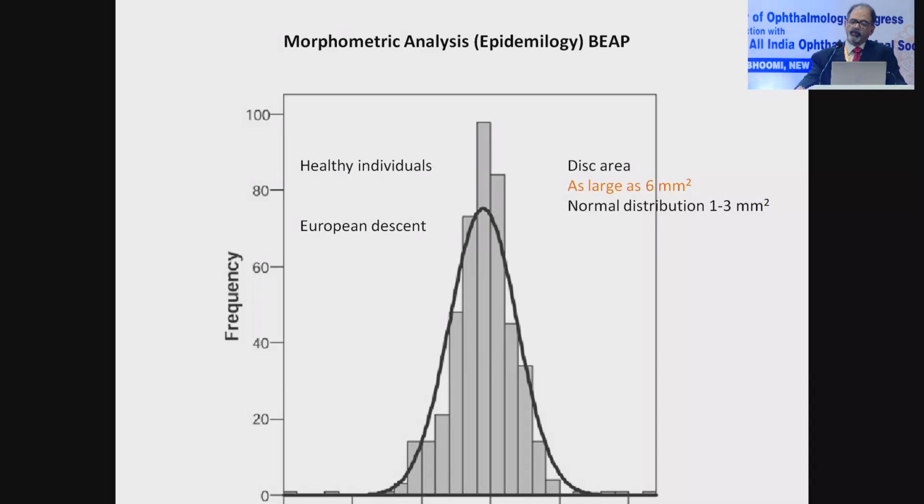And what they found was that the normal distribution of the disc size, and hence the area, was as varied as 1 to 3 square millimeter. Now 1 to 3 square millimeter might not sound very much, but if you look at the percentage, you are talking about 200%. That's a lot of percentage points. And there were some which even came up to 6 square millimeter.